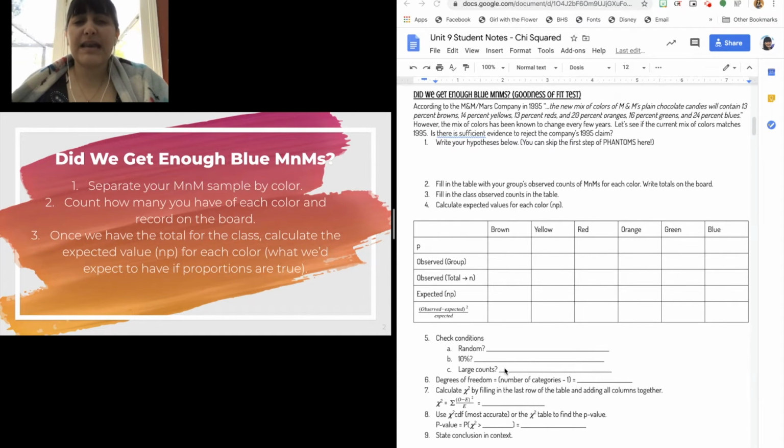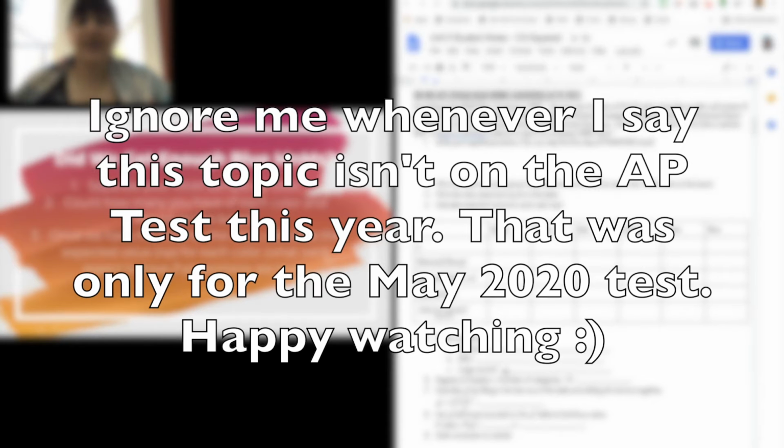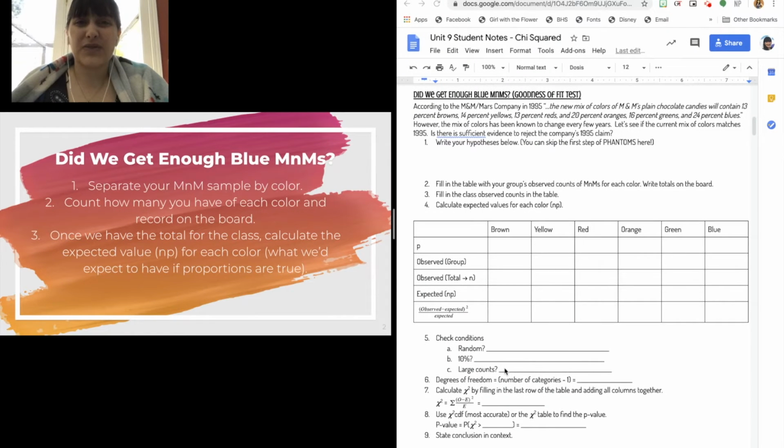That's unit 9. I just want to remind you that this is an extra thing, right? Because of this crazy quarantine business, it's not going to be on the AP test this year, but I still think it's a really useful skill for you to know and to know how to do, especially if you want to do anything science or math related later in your life, or even something in the social sciences like psychology or anything like that.